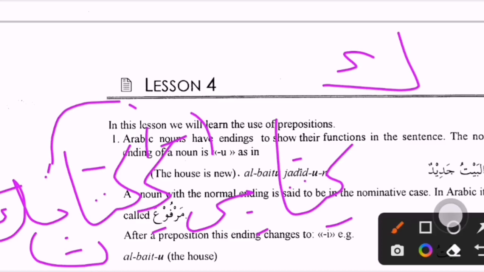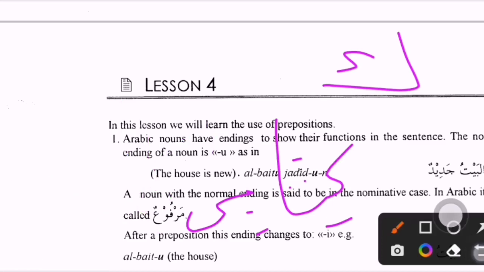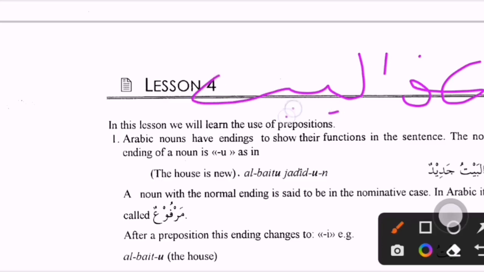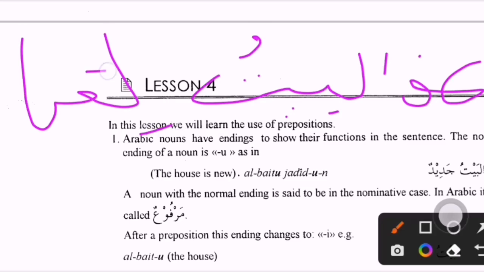Beautiful. So the second one we are going to look at is the lam. Like I said earlier, the lam is used to show possession. For example, maybe someone said, هذا البيت, this house لعباس, is for Abbas.